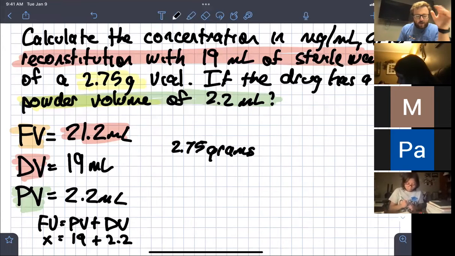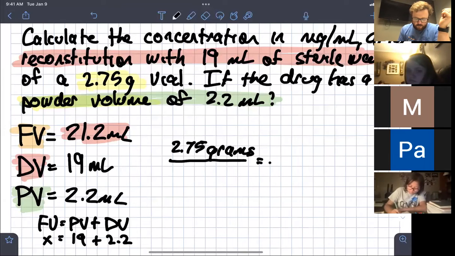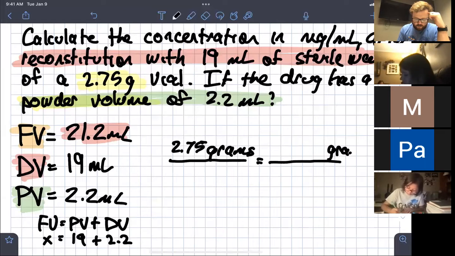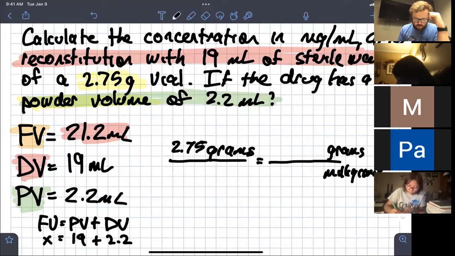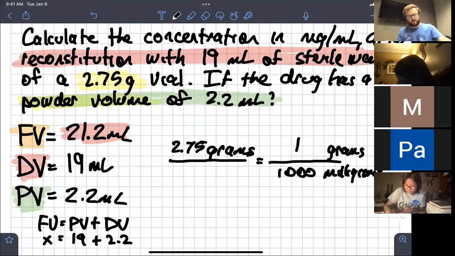Now, if we look back at the question, what is the concentration in milligrams per milliliter? Can I use my 2.75 grams? No. I need to convert that into milligrams. So I'm going to do a proportion, and I'll explain this: 1 gram is 1,000 milligrams.